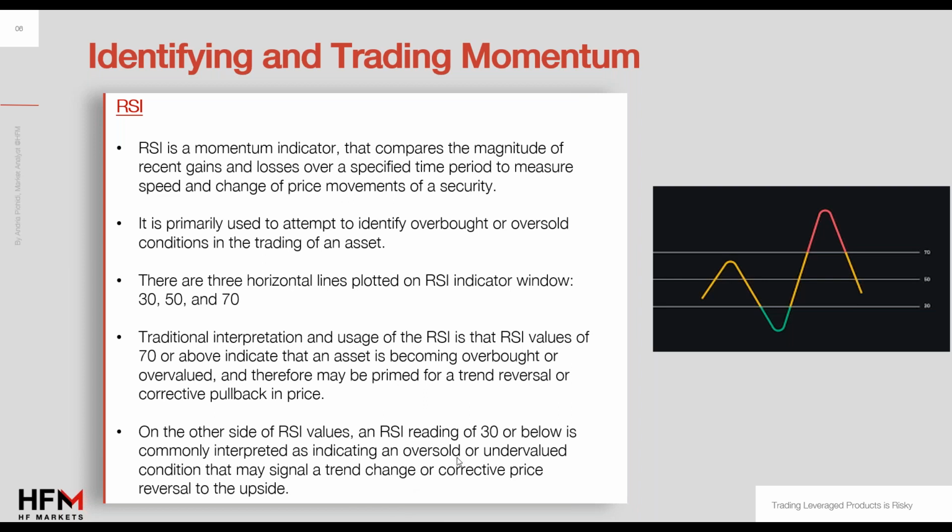So you can understand that any value above 70 might confirm an overbought condition. That means that we might see the asset reversing because it's overbought, it's in an extreme condition.